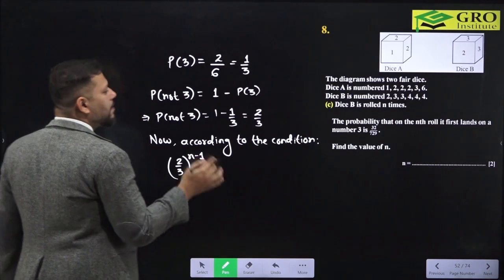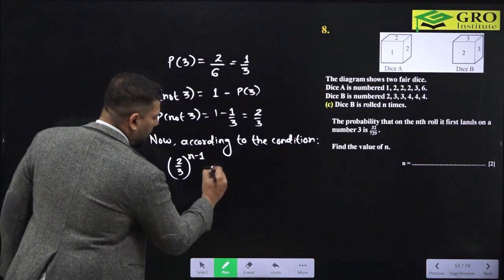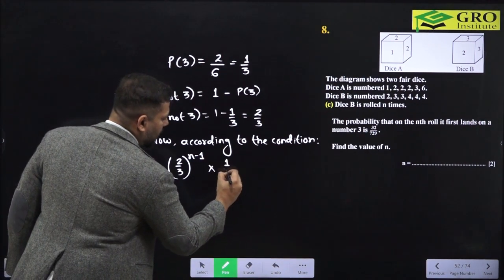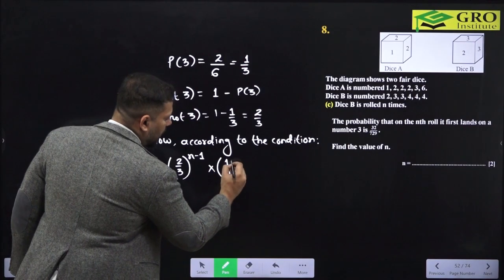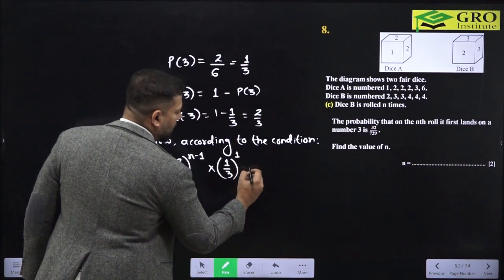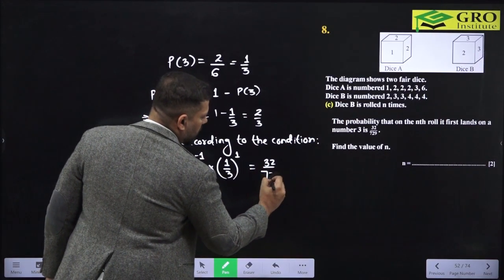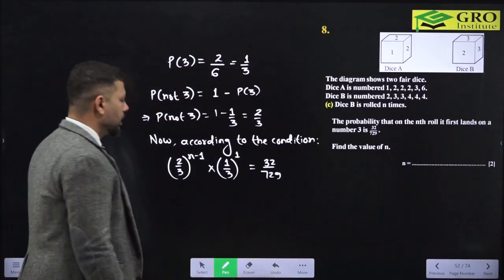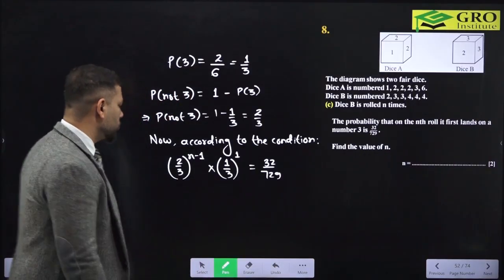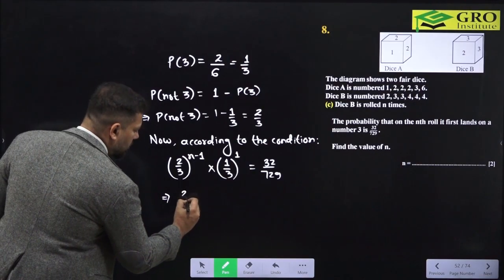Because till n minus 1 number of times we were not getting 3, and then multiply it with the probability of getting a 3, which is 1 by 3, and we just got it only once, is equal to 32 upon 729. I hope this is clear. This is how it has to be done. Let us now quickly solve it.